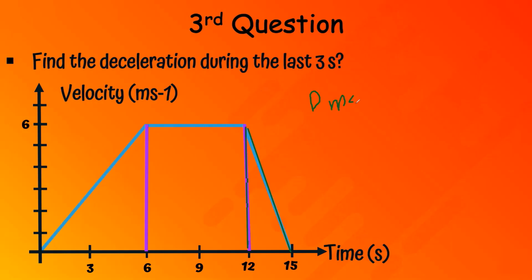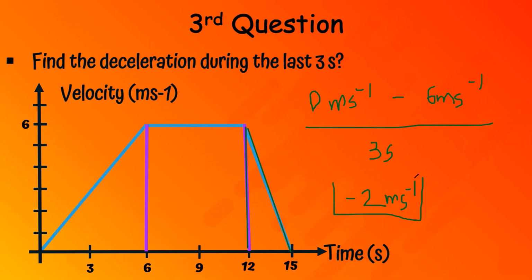Initial velocity is 6. And time is 3 seconds. We got a negative answer, so this is a deceleration, and the deceleration is 2 meters per second squared. This is the final answer, 2 meters per second squared.